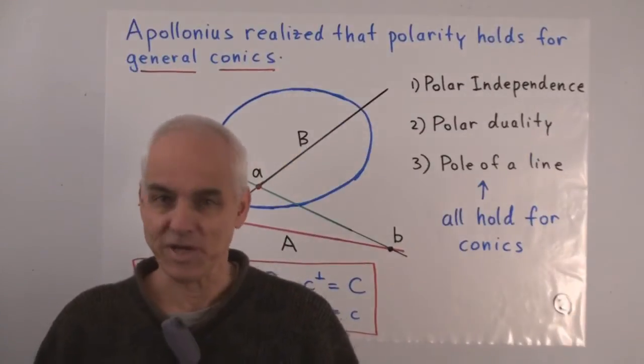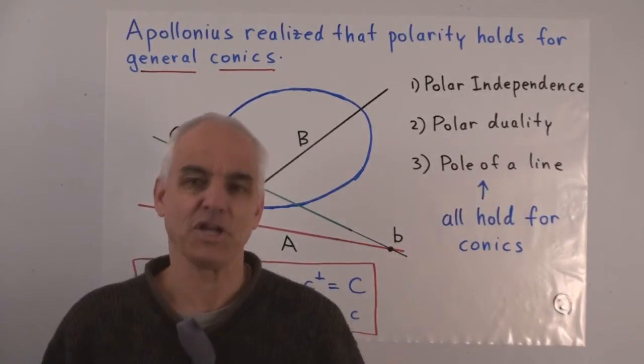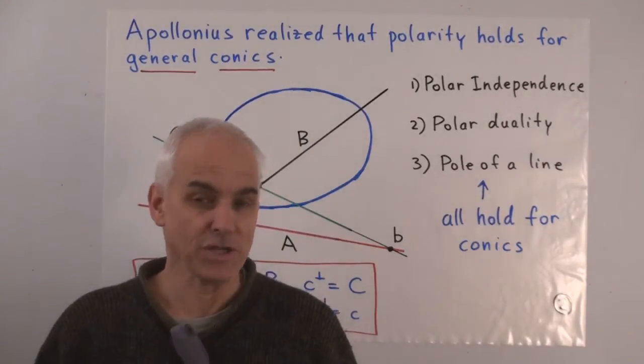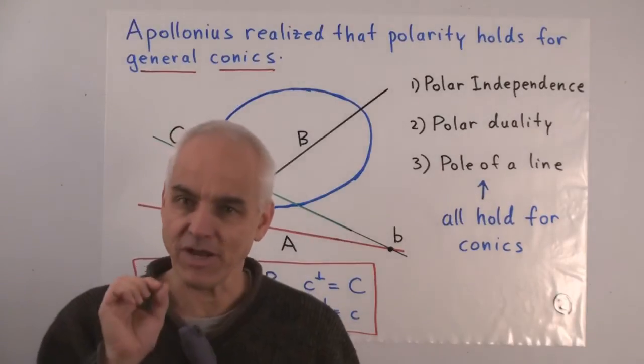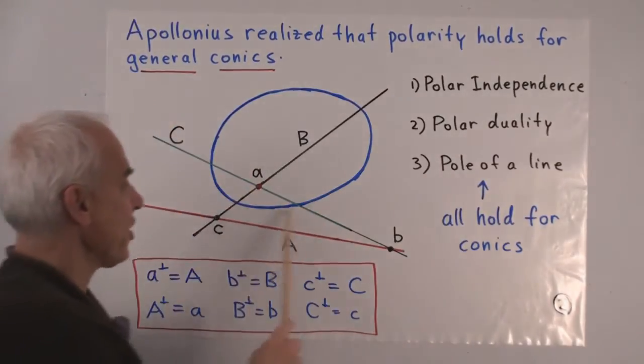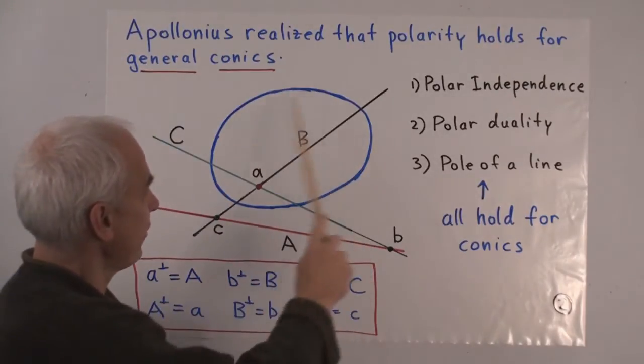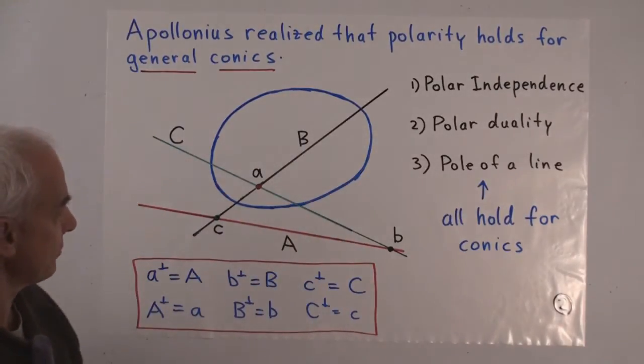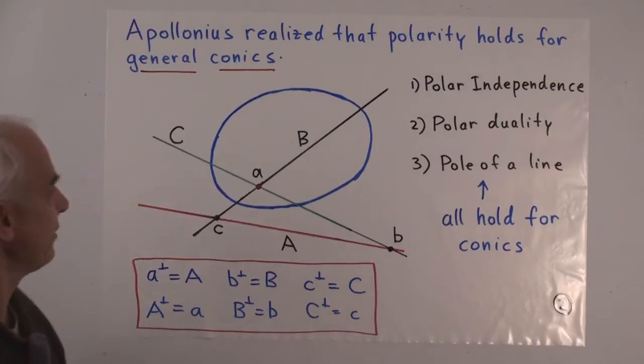Now, Apollonius realized that that entire discussion actually works not just for a circle, but for a general conic. So we could have just as well started out with an ellipse. This is my picture of an ellipse. Not too good, but not too bad.